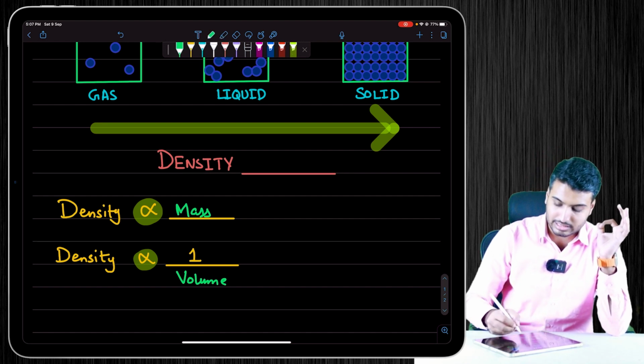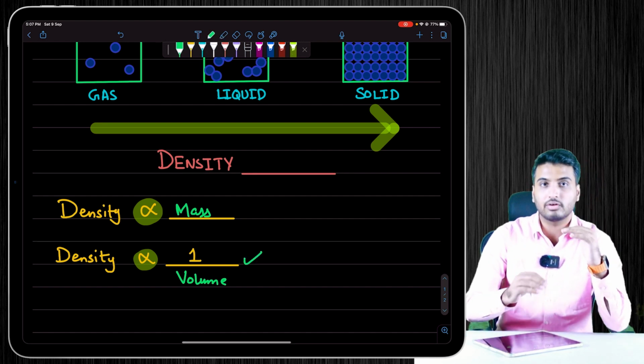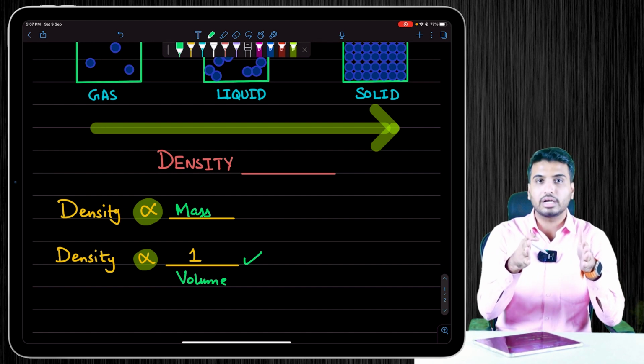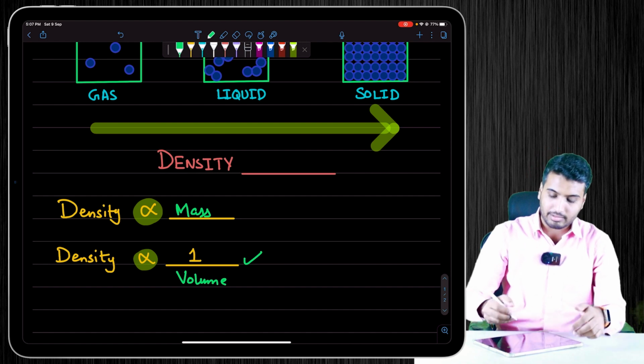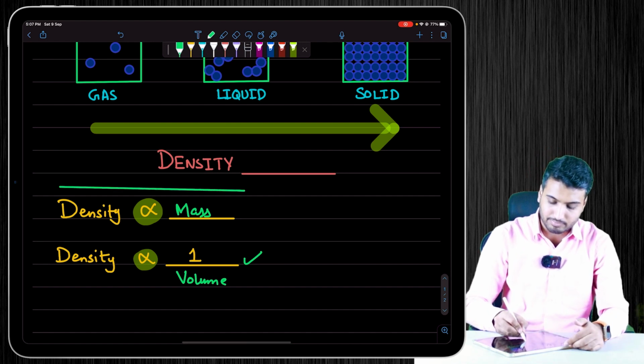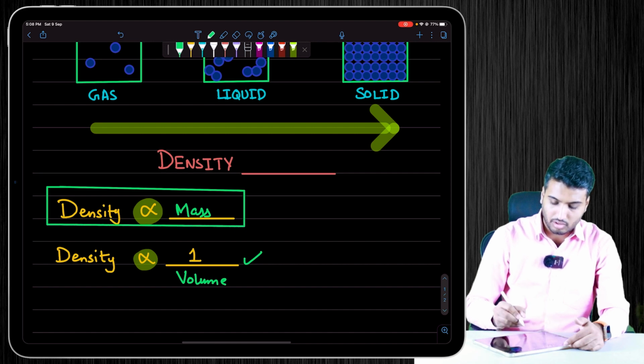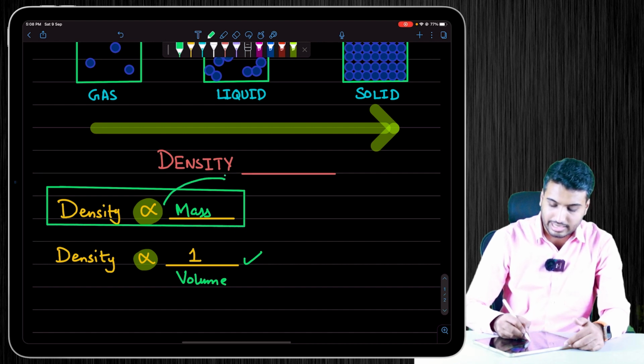The symbol is the same, it is the symbol for proportionality. When it is written with 1 under it, it means inversely proportional. When two quantities are written side by side, like density and mass in our example, this symbol indicates directly proportional.